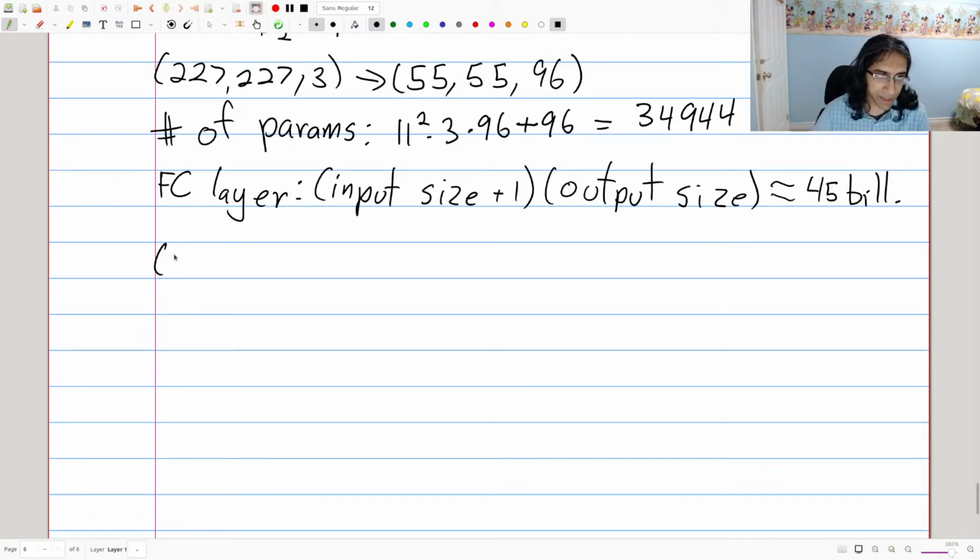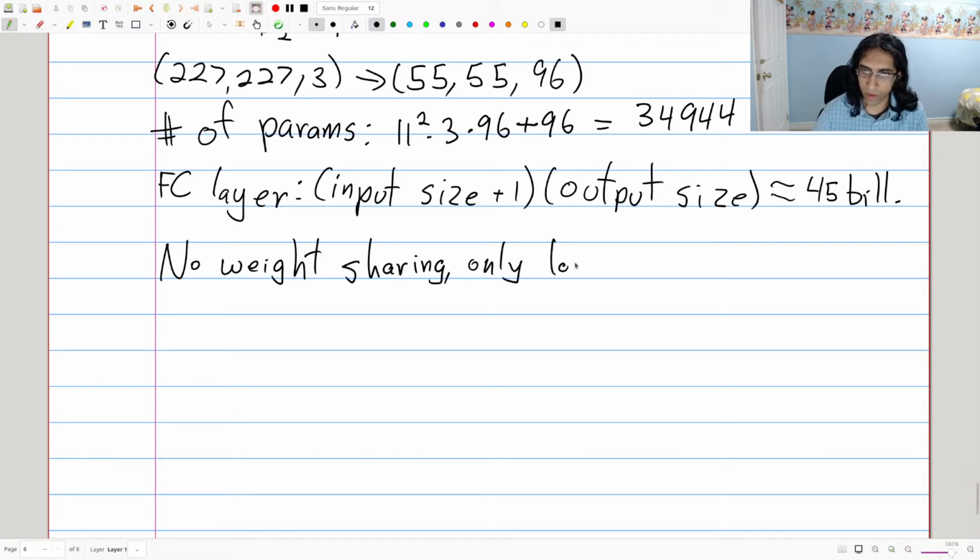This is for no weight sharing and only local connections, kind of the same structure as we would have in terms of the input to output connections for a CNN.